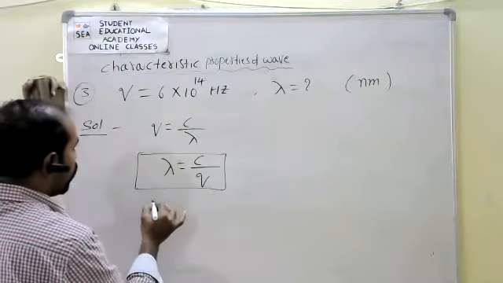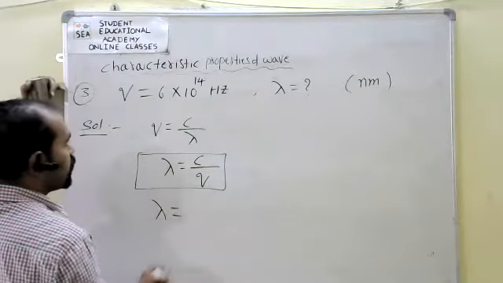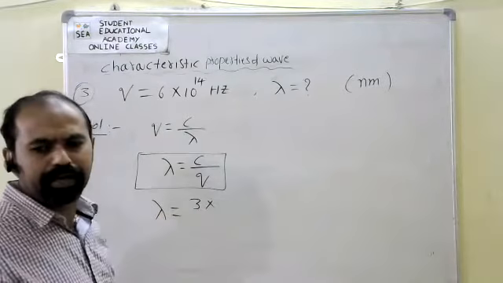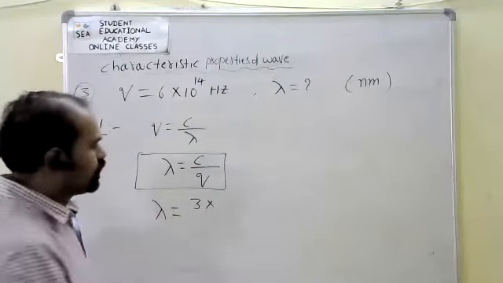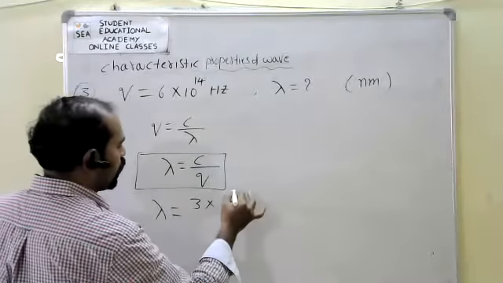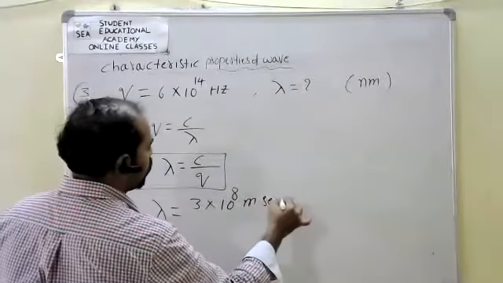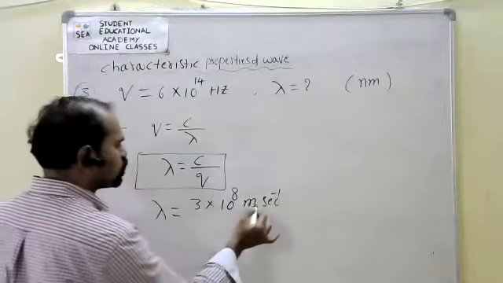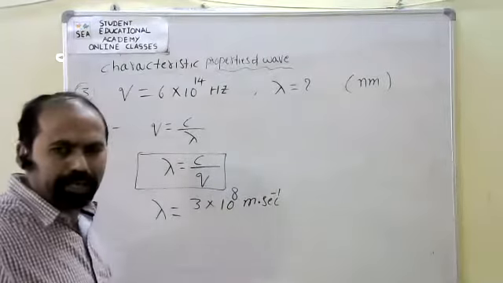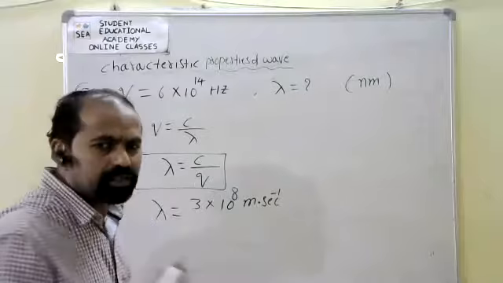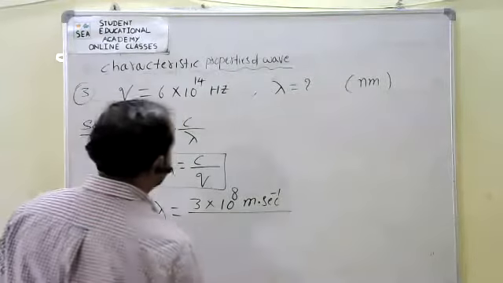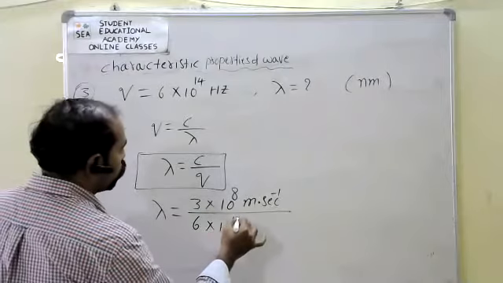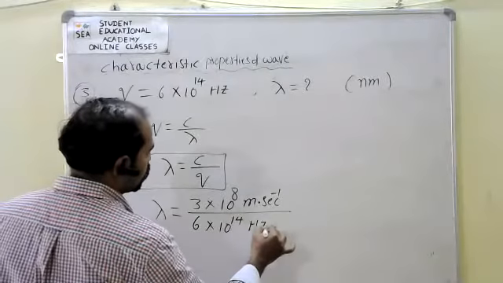Now lambda equals C, the velocity of light, 3 into 10 power 8 meter per second, that is meter into second inverse. I have taken meters, no problem. If you take centimeters, that is also correct. So 3 into 10 power 8 meter per second upon 6 into 10 power 14 hertz.